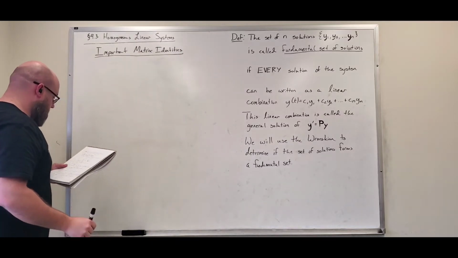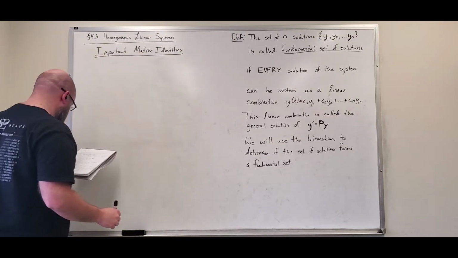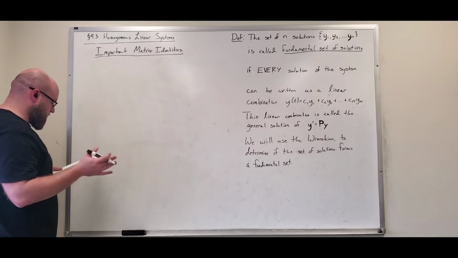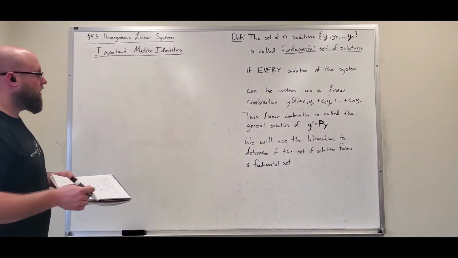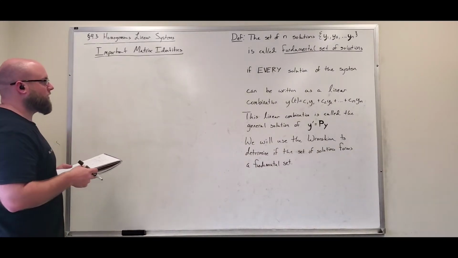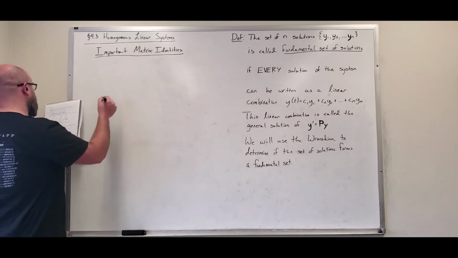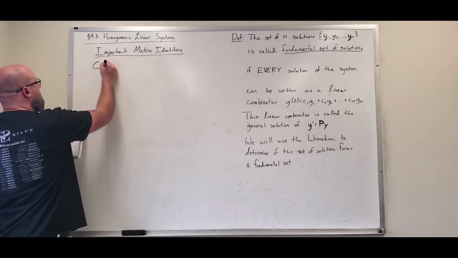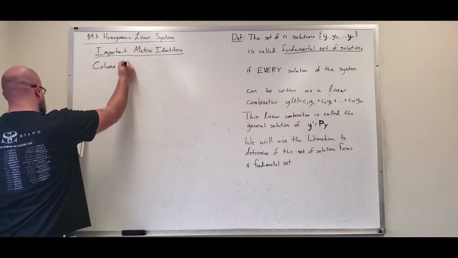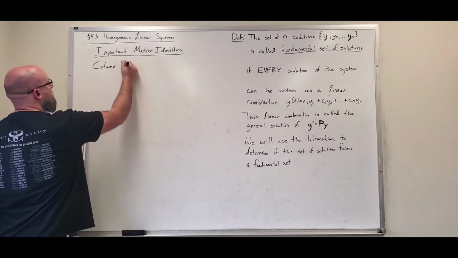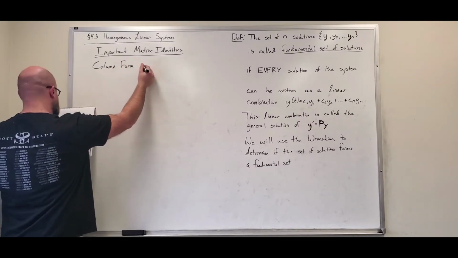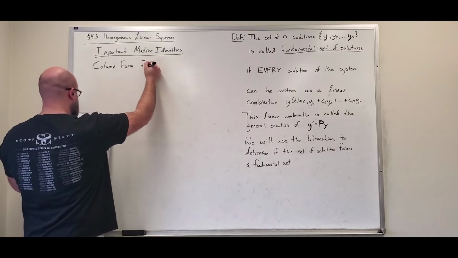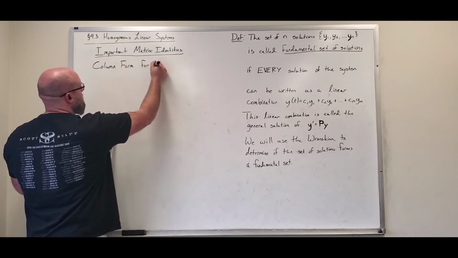All right. So the first thing that we're going to talk about, and actually this is really the biggest one, is notational things that are coming up here. So we're just doing some housekeeping here. We're going to talk about the column form for matrix vector multiplication.